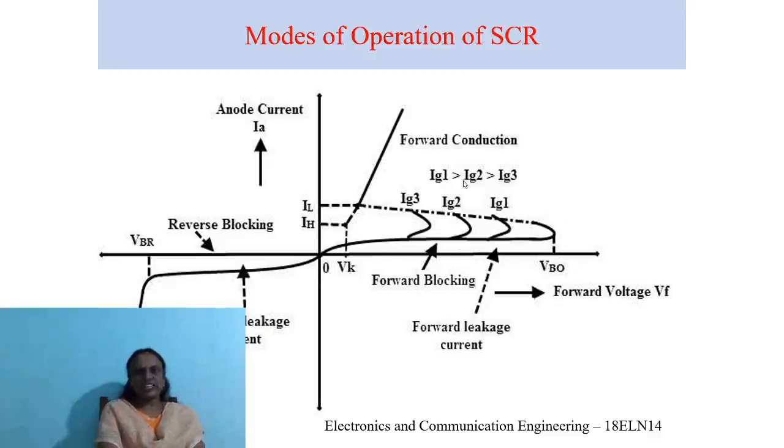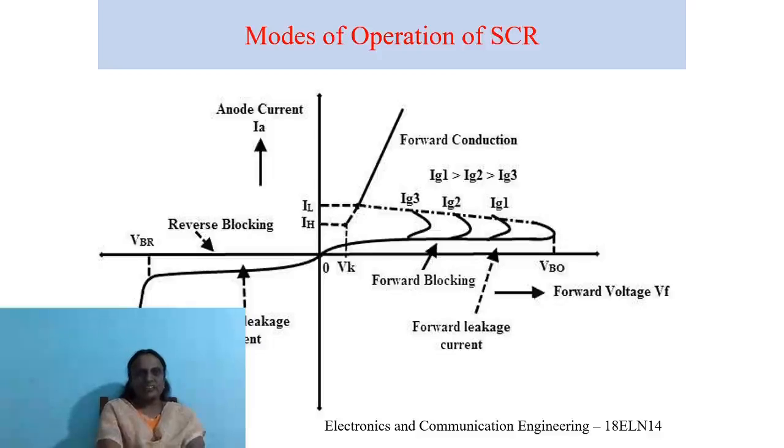So IG1 is greater than IG2 is greater than IG3. If the gate current value is high, the time for the SCR to come into the conduction mode is minimum.